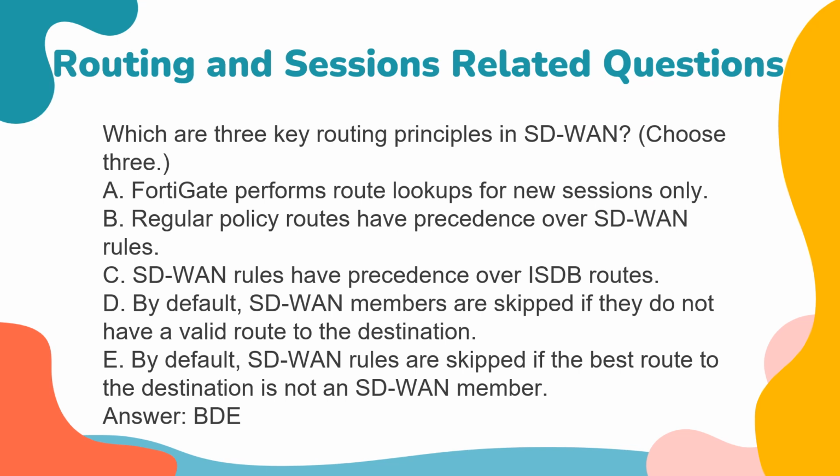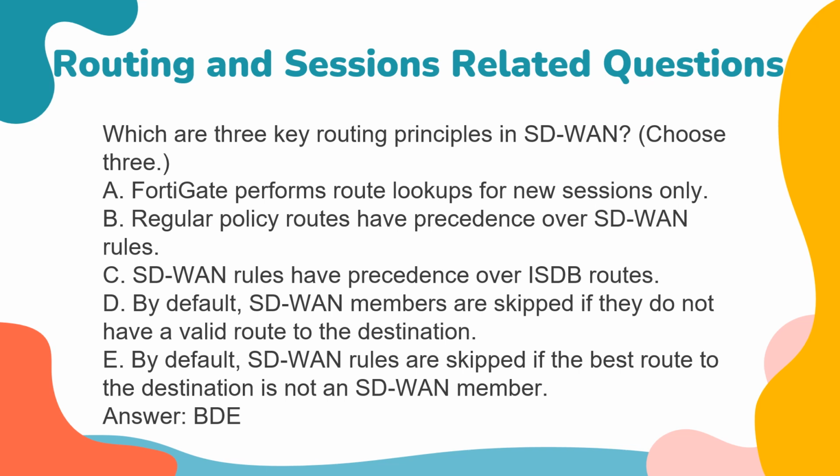Which are three key routing principles in SD-WAN? Choose 3. A. FortiGate performs route lookups for new sessions only. B. Regular policy routes have precedence over SD-WAN rules. C. SD-WAN rules have precedence over ISDB routes.